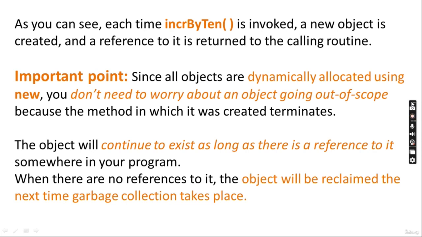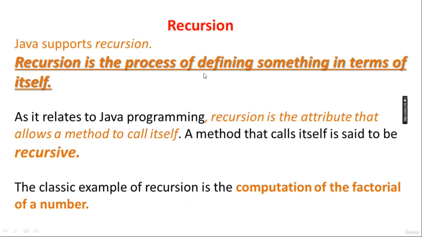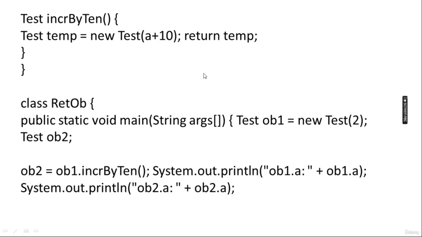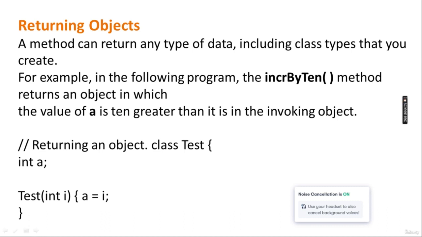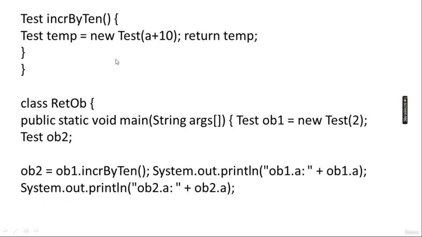In the previous session we saw the increment by 10 example. This is the variable A, then this is the parameterized constructor test, A is equal to I. When the method increment by 10 is called, it will increment the value that is initialized to the object by 10.